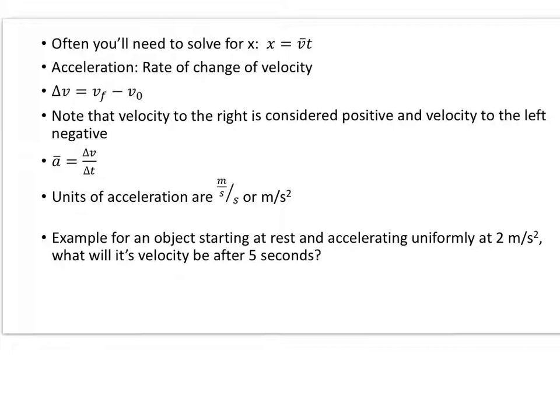After another second, its velocity is now 4 meters per second. After 3 seconds, 6 meters per second. After 4 seconds, 8 meters per second. And after 5 seconds, 10 meters per second. So notice you actually just multiplied the acceleration times the time to get that final velocity, assuming that the object did start from rest.